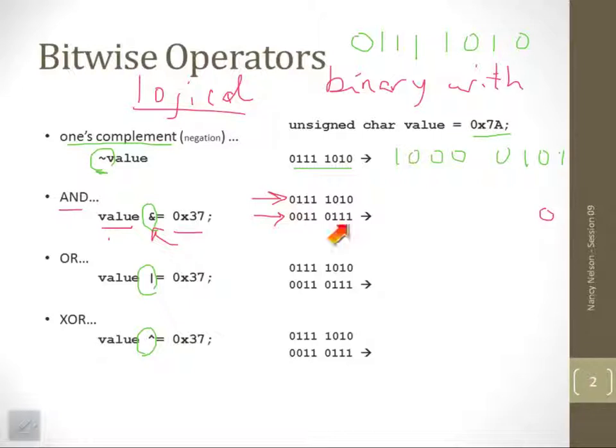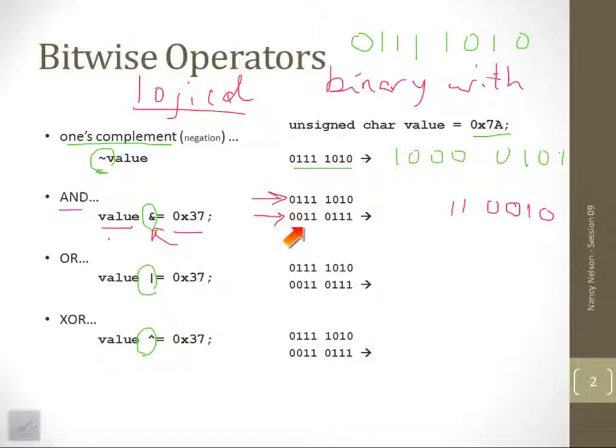Next set of bits is a 1 and a 1. Here, we're going to get a 1. Next pair is a 0 and a 1. So we're going to get a 0. Next pair, a 1 and a 0. So again, we're going to get a 0. The next two, we have 1s for both, so we're going to get two 1s.